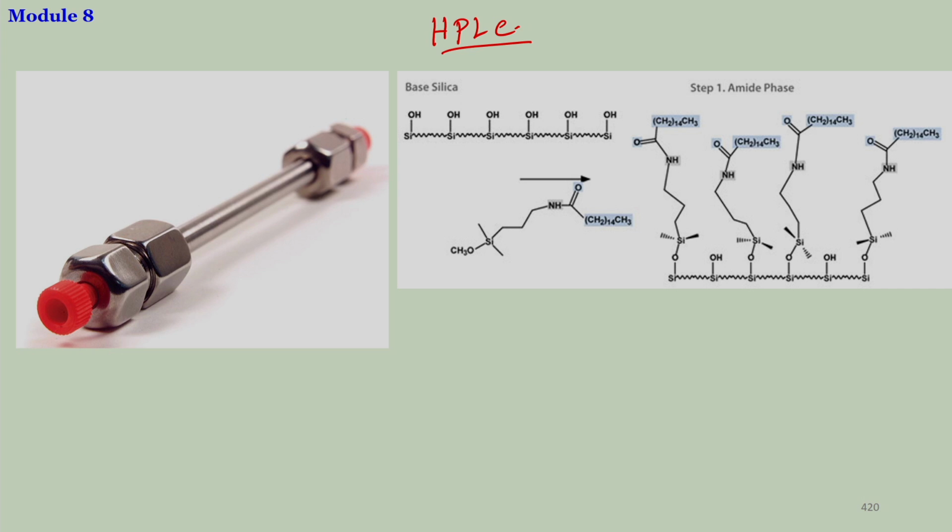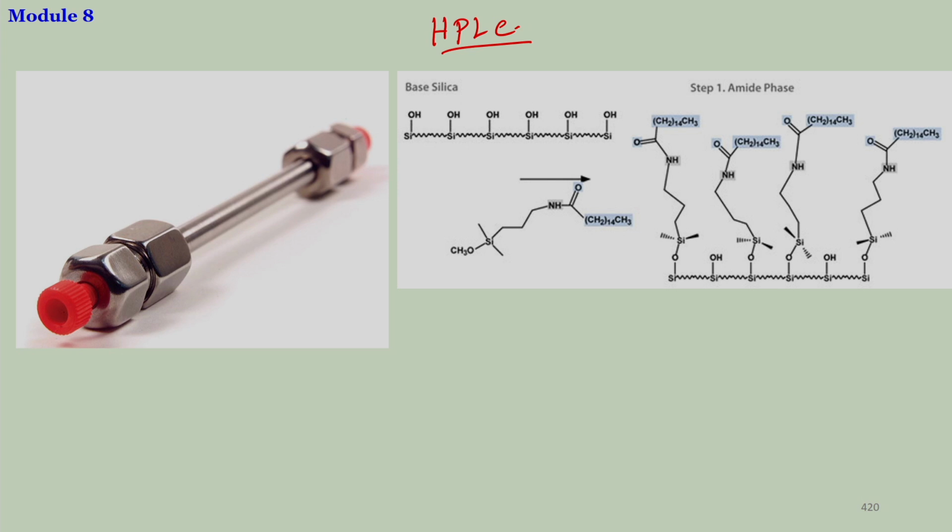There are many kinds of HPLC columns. They are based on different physical principles, depending on the physical properties of the material inside the column. You have normal phase HPLC, reversed phase HPLC, ion exchange HPLC, and so on.